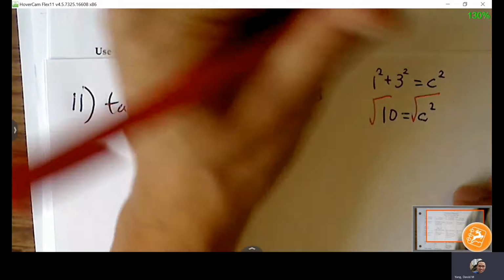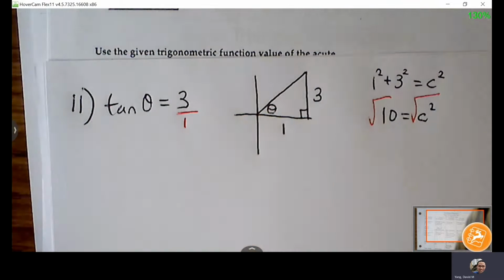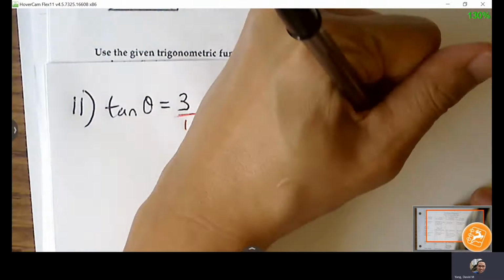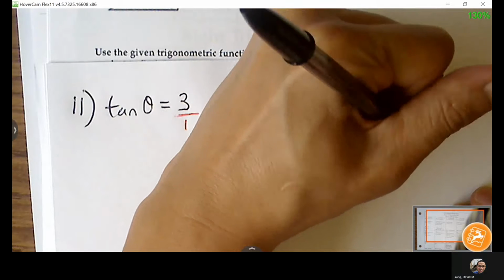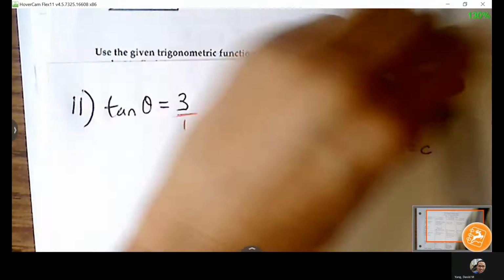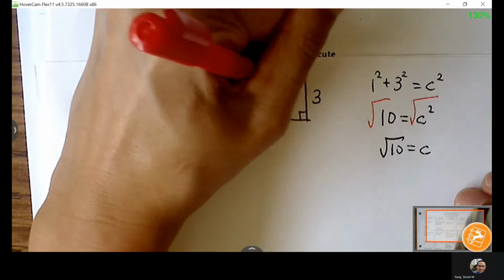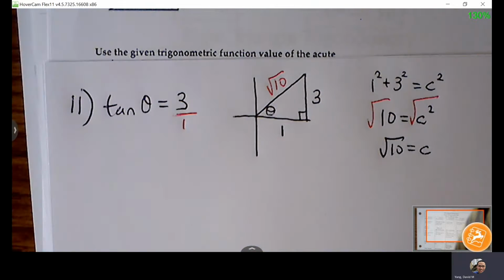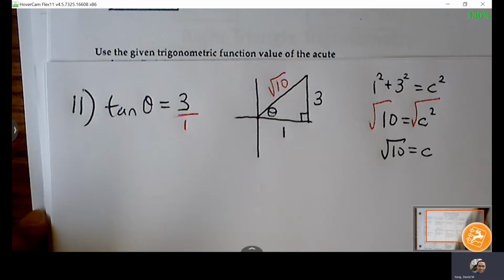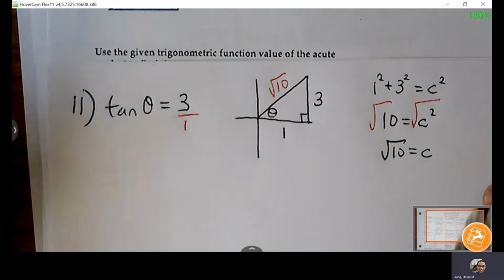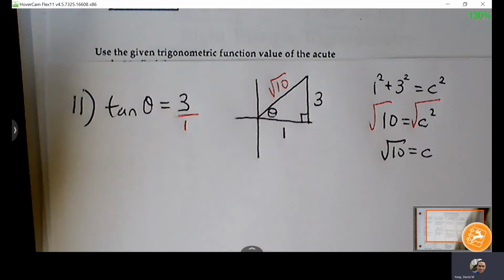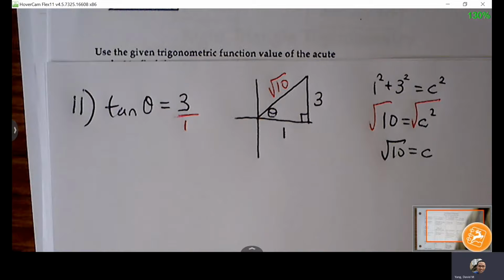Technically there's a plus or minus, but we're dealing with the physical side length of a triangle, so only the square root of 10. Now we should be in the clear to find all the trig ratios that we need to find.